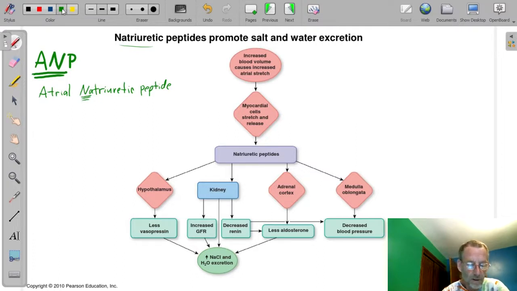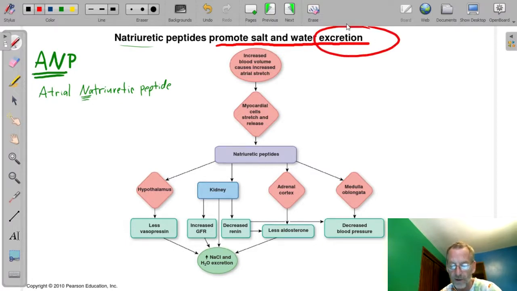What ANP does is promote excretion of salt, primarily sodium, and water. So we're excreting it, we're not retaining it, we're getting rid of it.